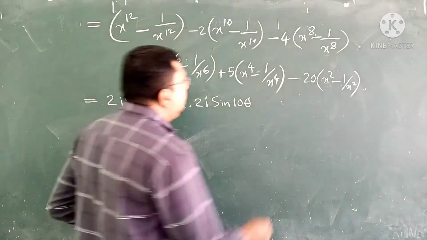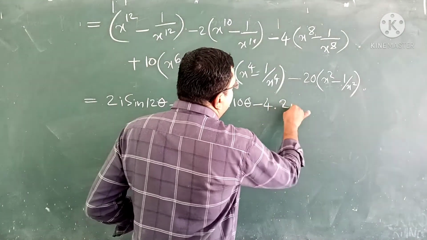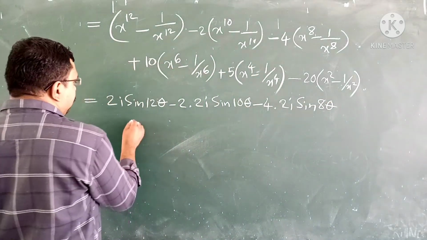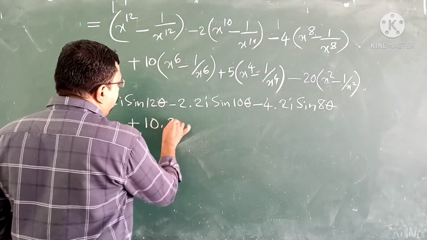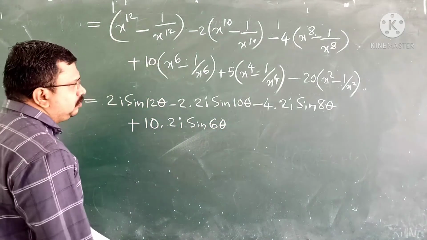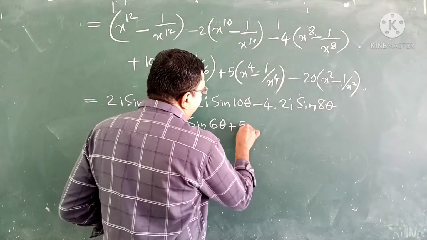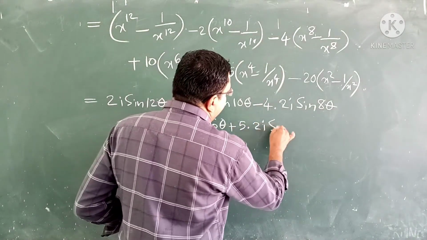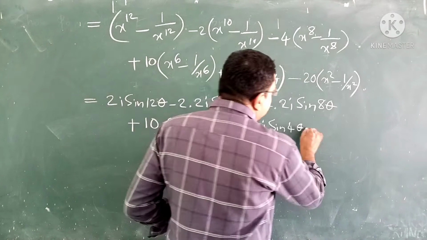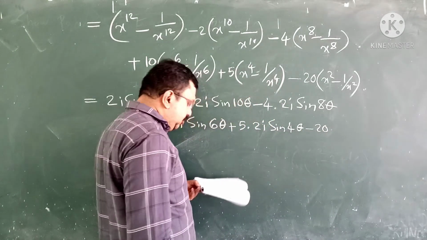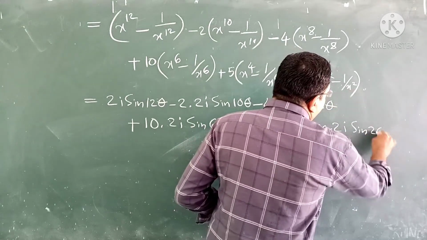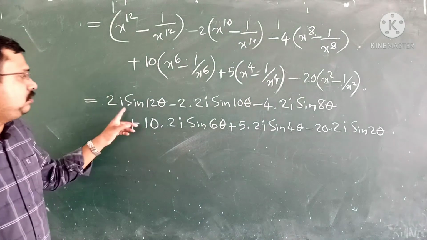Next, minus 4 into 2i sin 8 theta plus 10 into 2i sin 6 theta plus 5 into 2i sin 4 theta minus 20 into 2i sin 2 theta. Okay, that is our result.